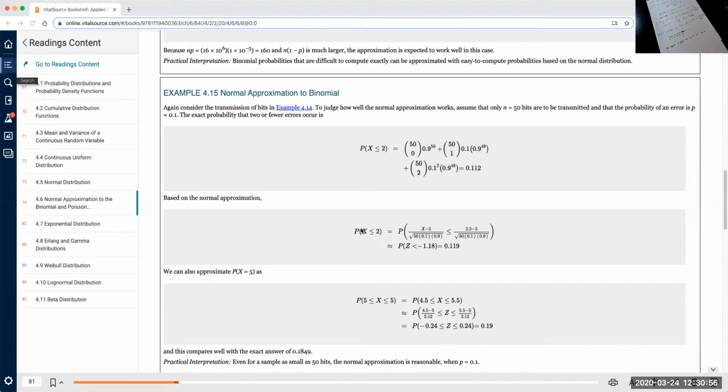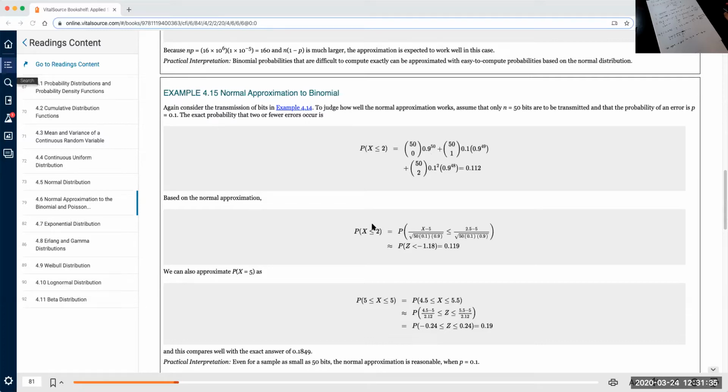Again, consider the transmission of bits in example 4.14 to judge how well the normal approximation works, and assume that only n equals 50 bits are to be transmitted, and the probability of an error p is 0.1. The exact probability that 2 or fewer errors occur is, so here we want to compare the exact probability of the binomial distribution with the approximation using the normal distribution.